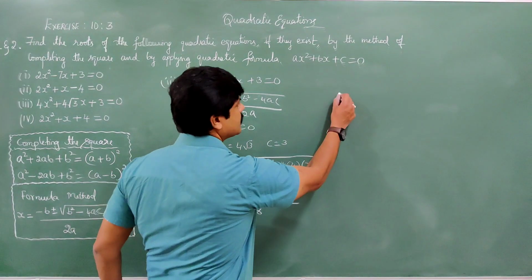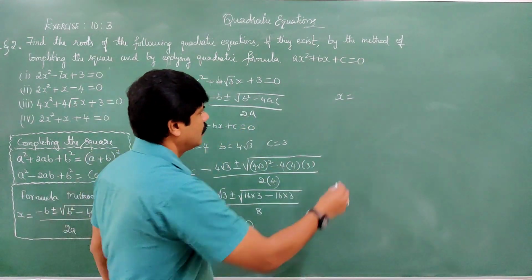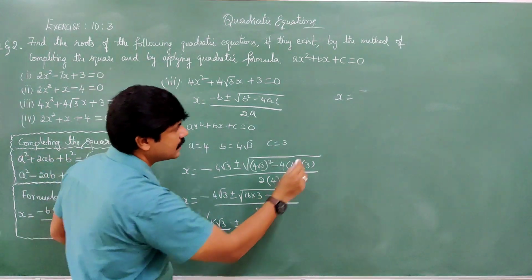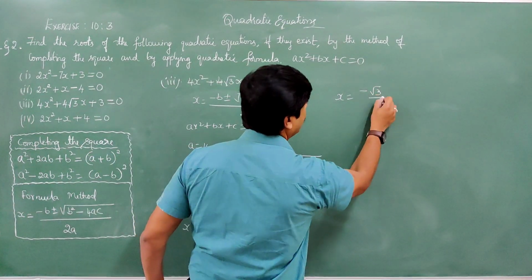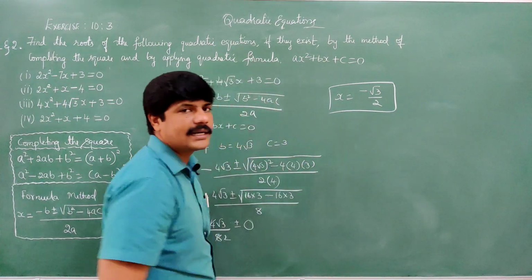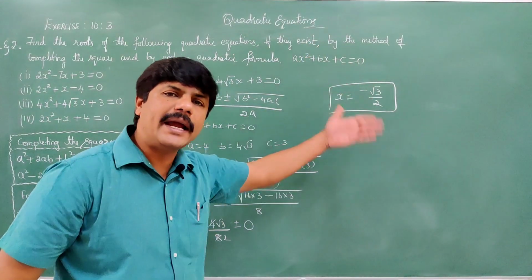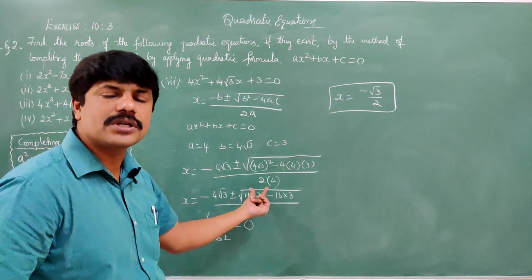x is equal to minus 4 root 3 by 8, which is minus root 3 by 2. What you got is minus root 3 by 2. The other value is minus root 3 by 2 itself, because here the roots are equal.